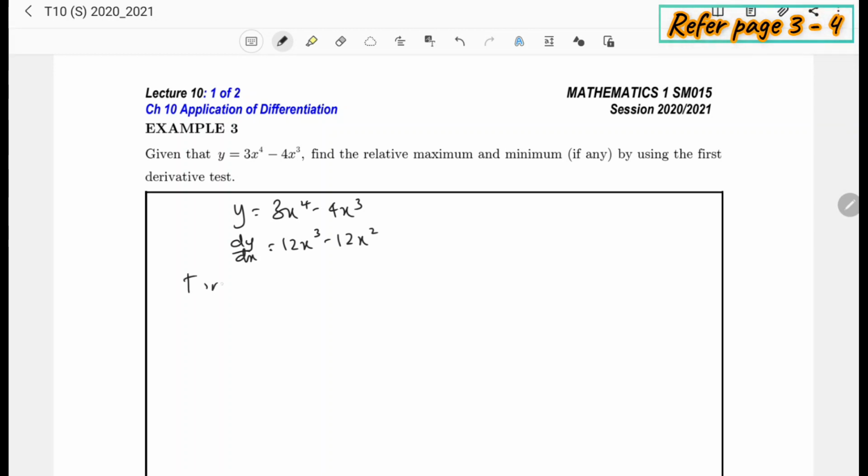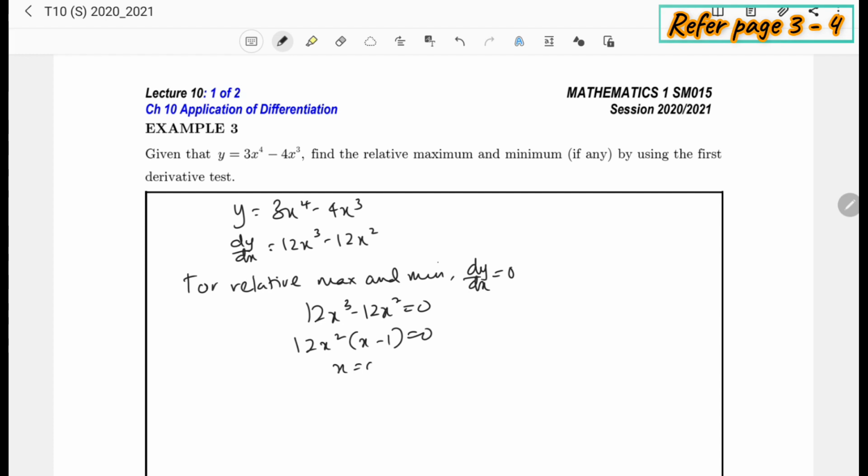For relative maximum and minimum, dy/dx equals 0. So 12x cubed minus 12x squared equals 0. Factorize 12x squared, so x minus 1. So we have x equals 0 or x equals 1.